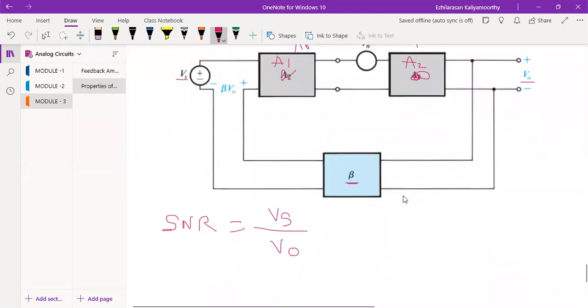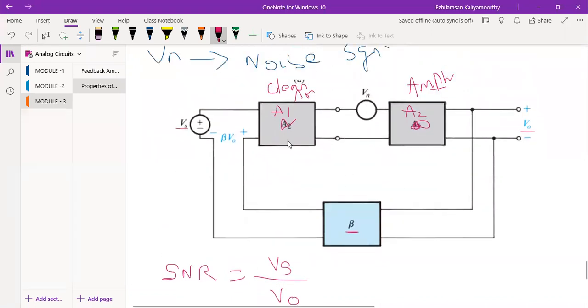Now from this figure, we assume that it is possible to build another amplifier stage with the gain A1. This gain A1 does not suffer from the noise problem. You see here, only the gain of A2 suffers from the noise problem. The gain of A1, this amplifier, does not suffer from the noise actually.